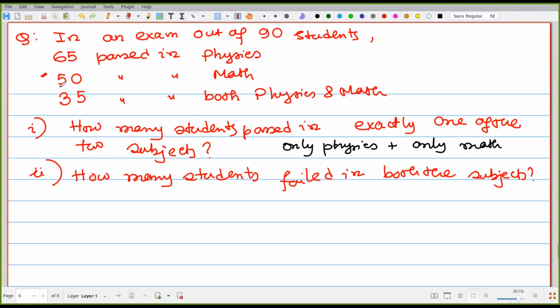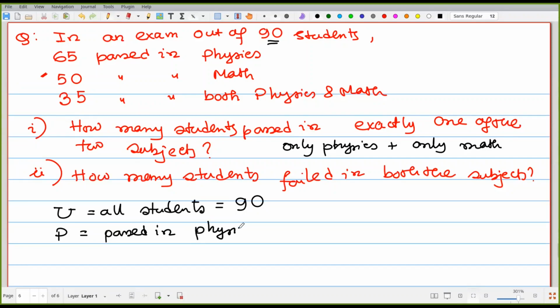So here the universal set. Universal means the total student strength, all students, that is given as 90. P means passed in physics. That does not mean only physics but passed in physics, 65.